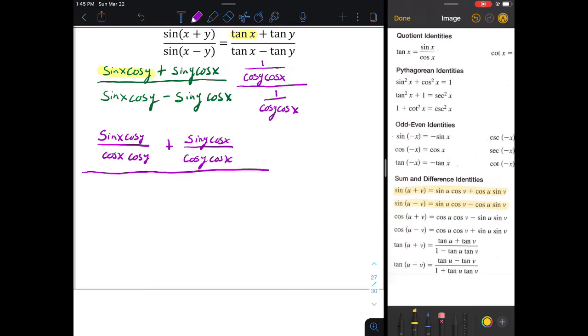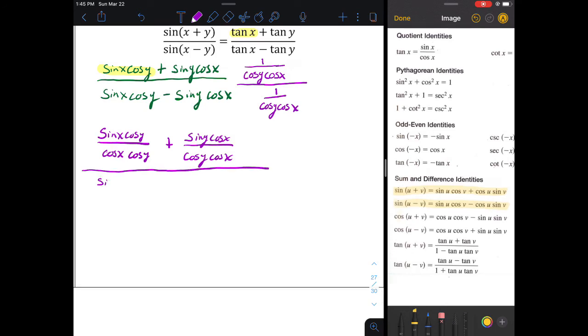My denominator would become sine of x cosine of y over cosine x cosine y minus sine of y cosine of x divided by cosine of y cosine of x.